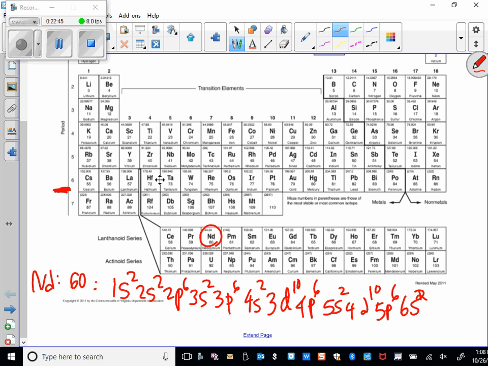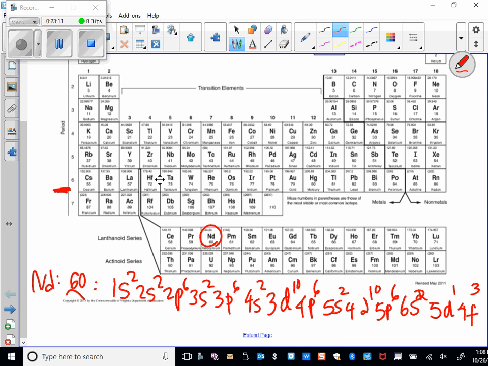I do need to write the 5d1. I have to write the 5d1, and now I can write 4f1, 2, 3.